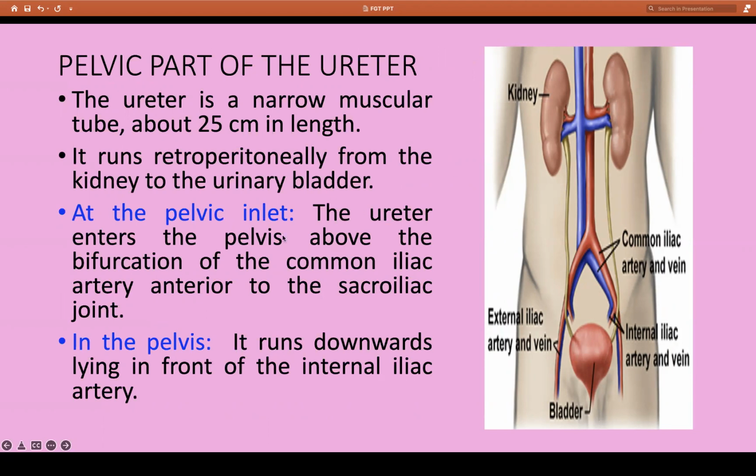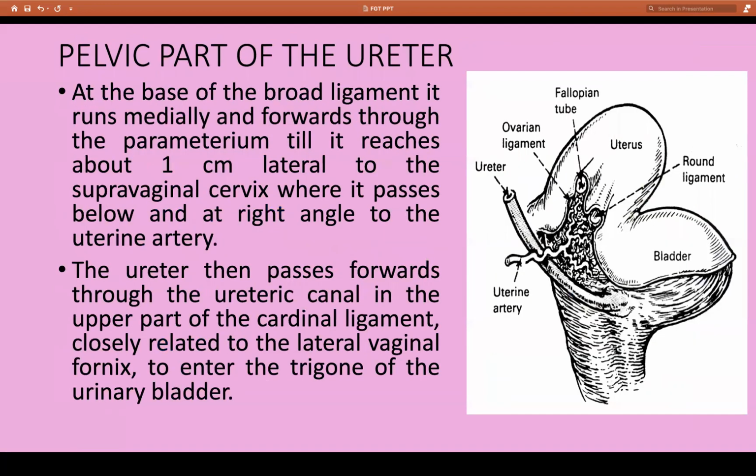The ureter enters the pelvis above the bifurcation of the common iliac artery, anterior to the sacroiliac joint. In the pelvis, it runs downward and lies in front of the internal iliac artery. So it's important when you are doing any surgery in the pelvis. The pelvic part of the ureter is at the base of the broad ligament.